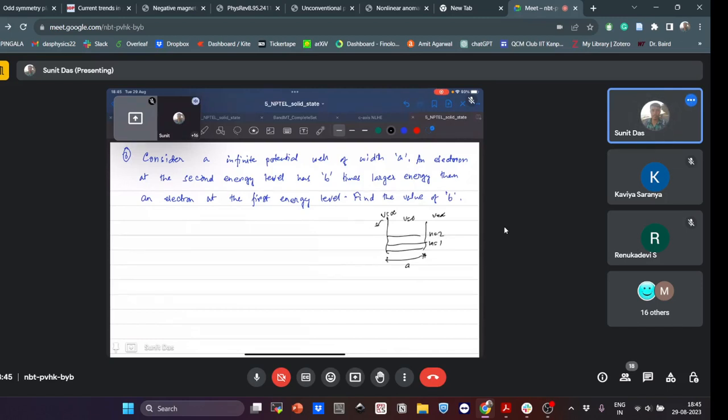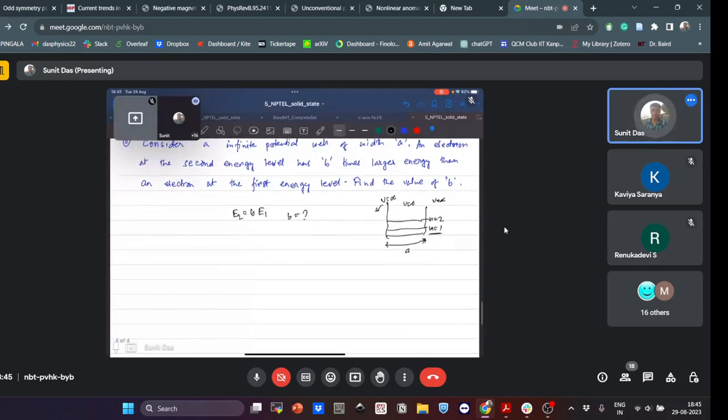The electron at the 2 level has energy E2 equal to B times E1, the energy of an electron at n equal to 1 level. So we need to find what is B. Okay, this is a simple problem.